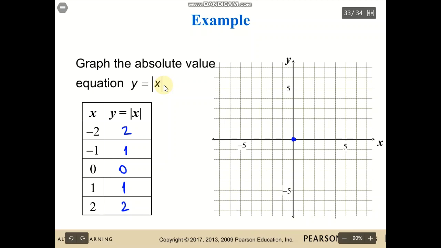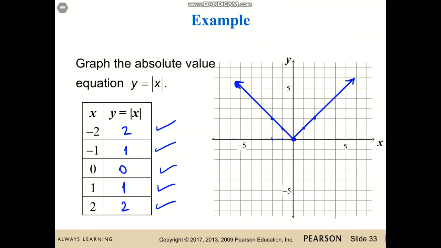Let's plot here. 0 and 0, 1 and 1, 2 and 2, -1 and 1, -2 and 2. And this graph is going to be something like this. And don't forget the arrows. So this is the graphic of the absolute value equation.